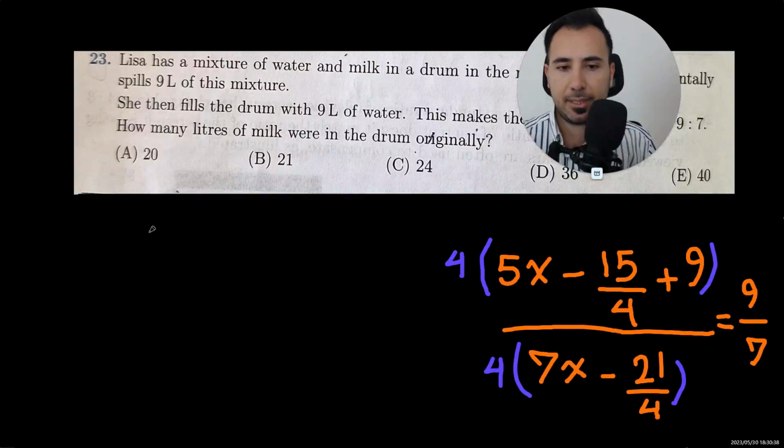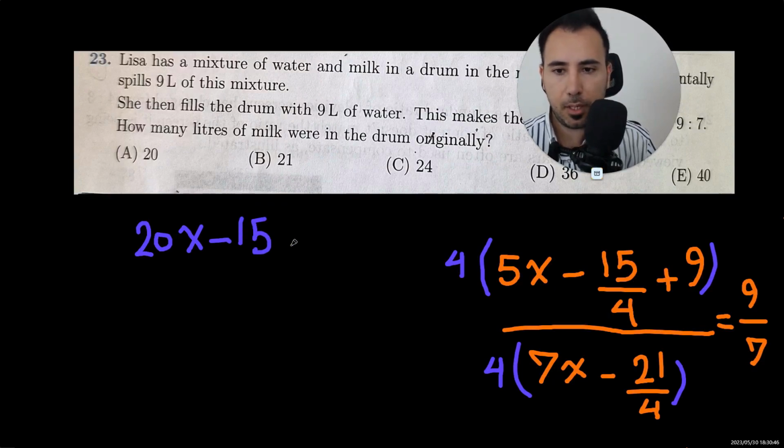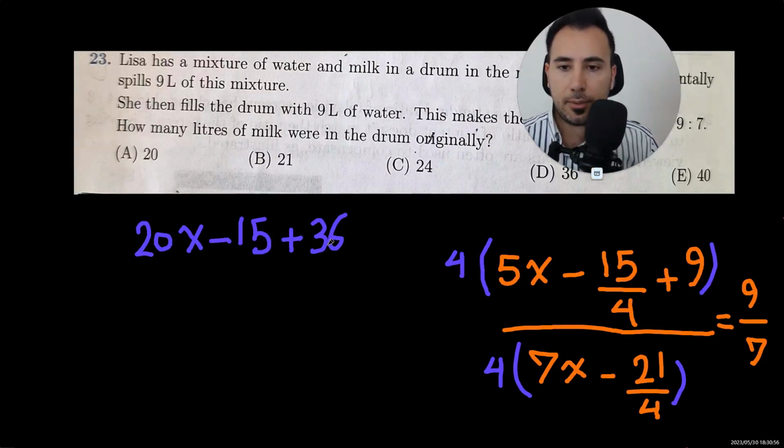4 times 5x is 20x minus 15 plus 4 times 9, 36. Okay. So 36 minus 15 is going to be 21.